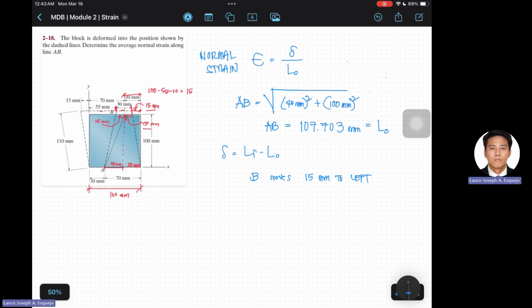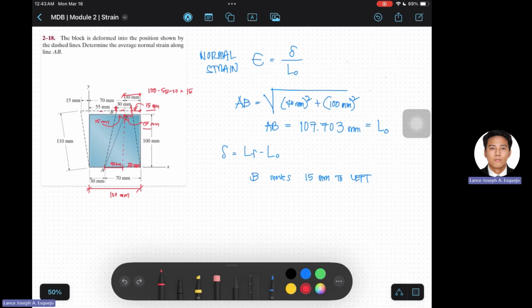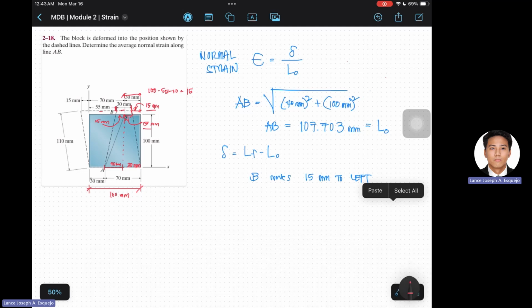And then we also have to measure the movement of point B upward. So next, let's focus on this triangle we have here. Itong triangle na to. By Pythagorean theorem, we can measure the height of this triangle. So pangalanan na lang natin as y, yung height. And then we have formed this triangle.